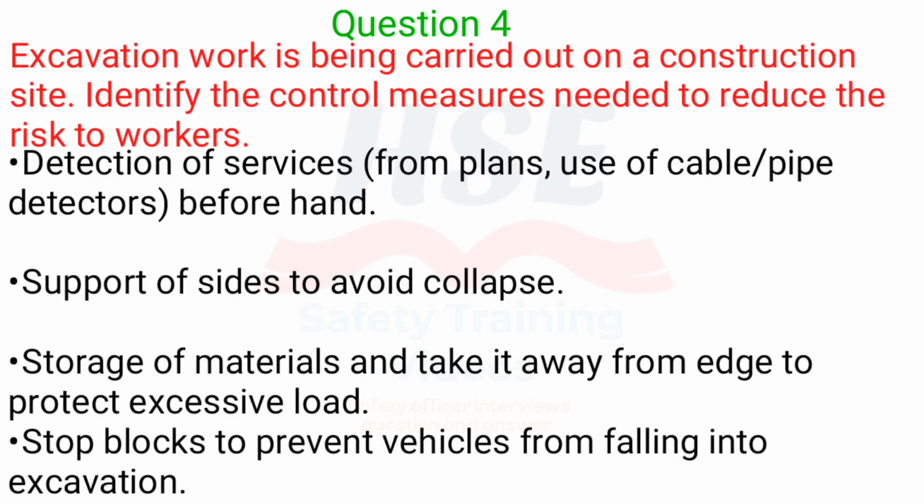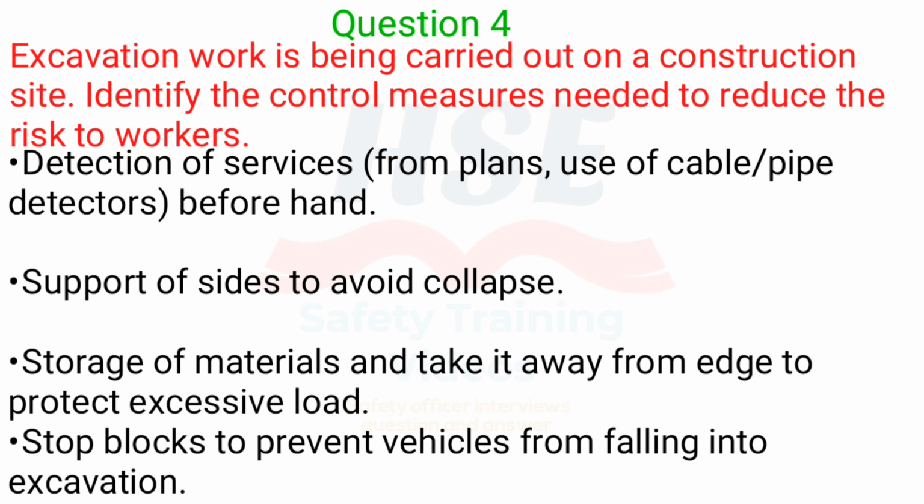Question 4. Excavation work is being carried out on a construction site. Identify the control measures needed to reduce the risk to workers. Detection of services, from plans, and use of cable and pipe detectors beforehand. Support of sides to avoid collapse. Storage of materials away from the edge to protect against excessive load.